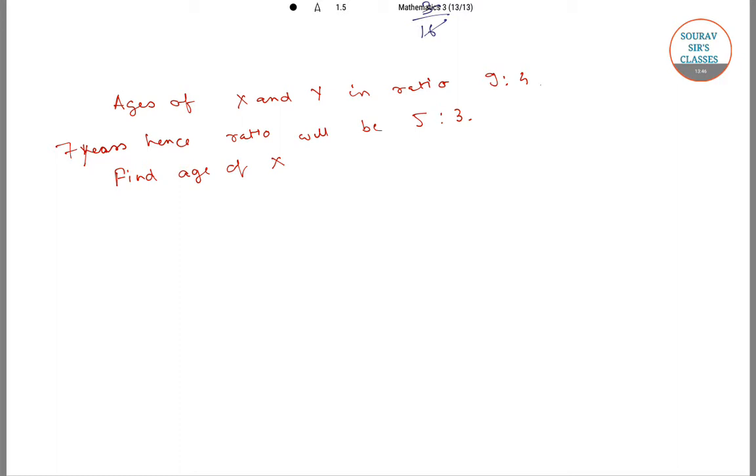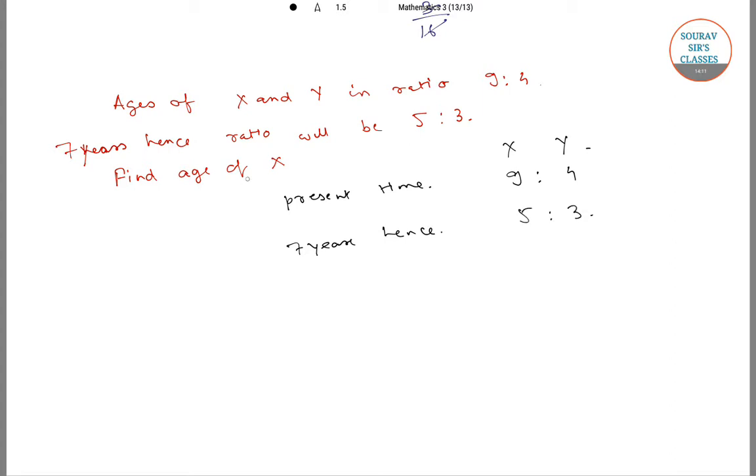Similarly, in the next question we have ages of x and y are in ratio of 9:4. So present time the ratio is 9:4 between x and y, and 7 years hence the ratio would be 5:3.